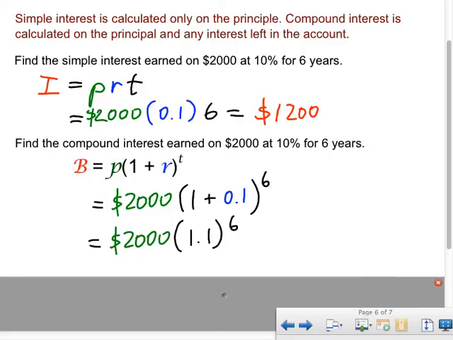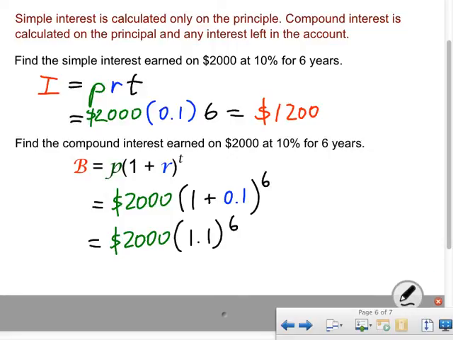Okay, make sure you know what you're simplifying and the order of operations.